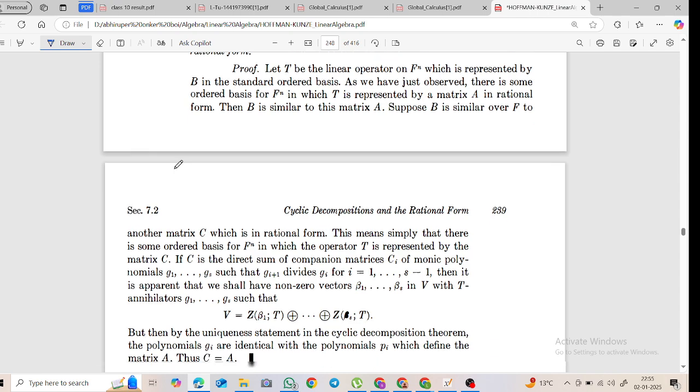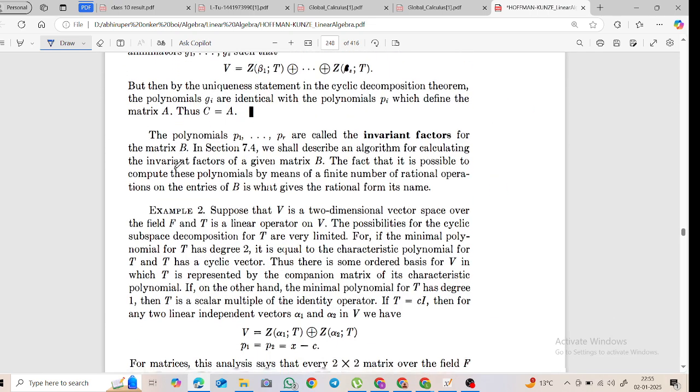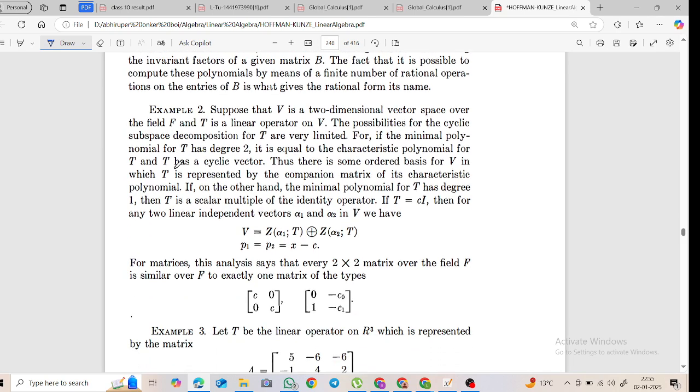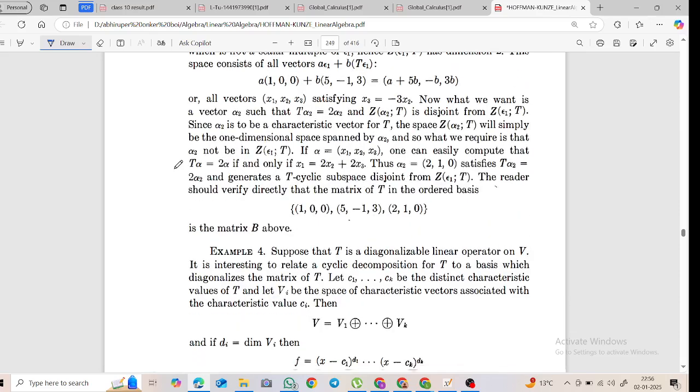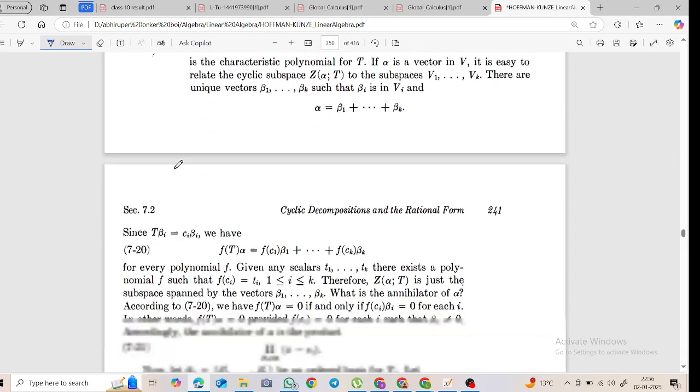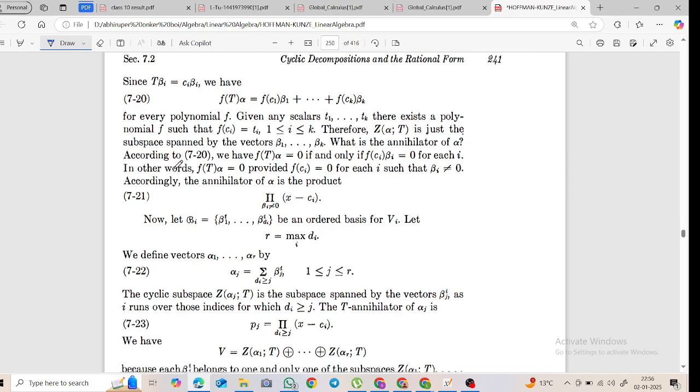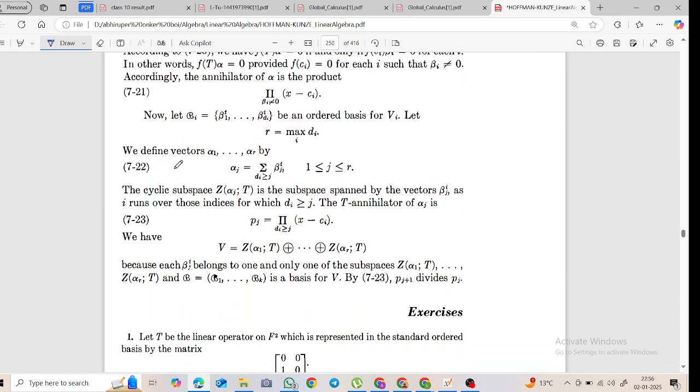So this uniqueness is very, very important. Okay, so I will give you a few minutes, maybe 7, 8, to look at these examples: Example 2, 3 and 4. Please have a look at them.